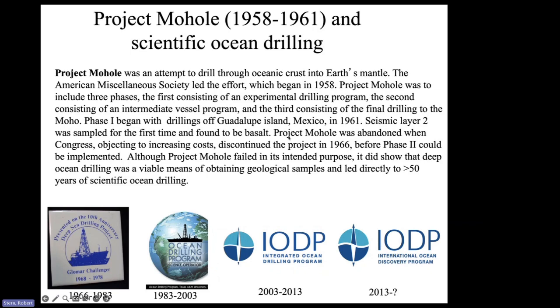So it failed, but it led to the evolution of the scientific drilling program, first called the Deep Sea Drilling Program, then the Ocean Drilling Program, then the Integrated Ocean Drilling Program, then the International Ocean Discovery Program. And in fact, this one was terminated just last year, so I should change that.